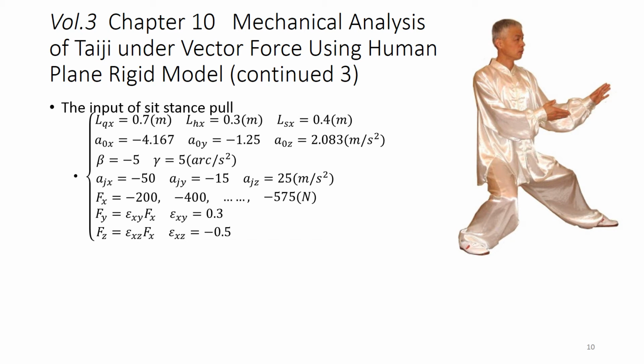Feet position, contact hand position, body acceleration, body angular acceleration, contact hand acceleration, external force Fx input series. External force Fy input is proportional to Fx. External force Fz input is proportional to Fx.